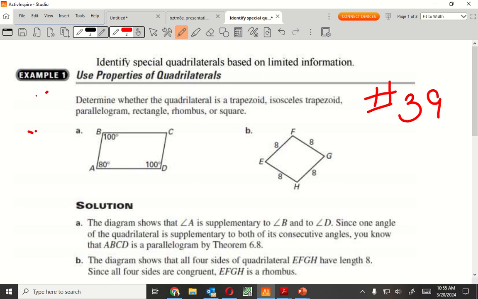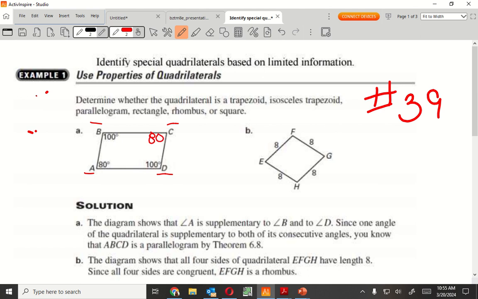trapezoid? No. Because of the properties that we had previously, we know that these two together, A and D, have to always add up to 180. They're supplementary angles. A and B are also supplementary angles. This goes along with the parallelogram that we had, and we also had it as a rectangle. So that means that C and D together also have to add up to 180, so angle C is 80 degrees.